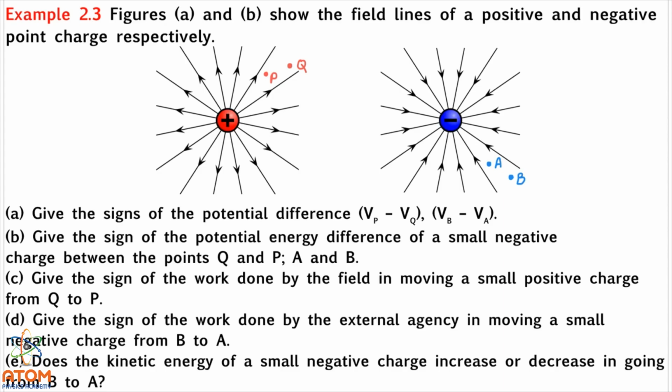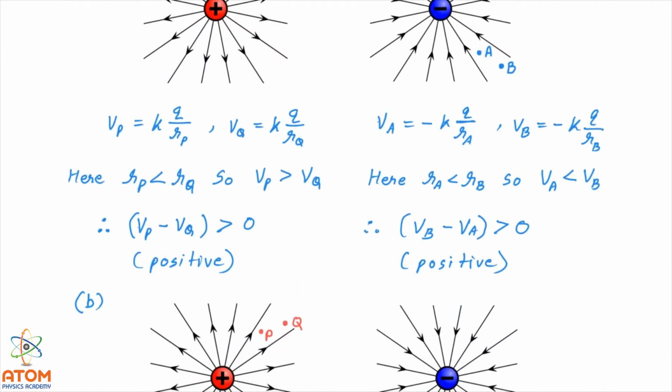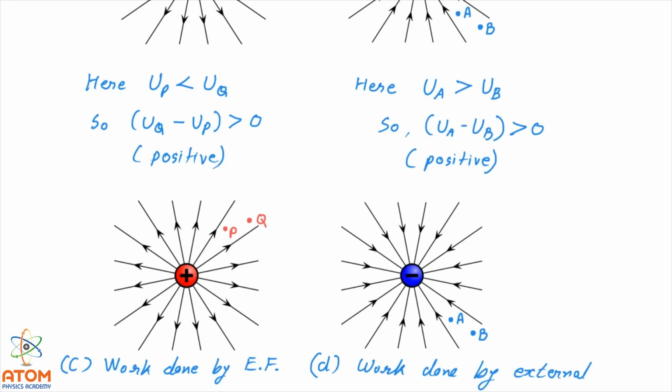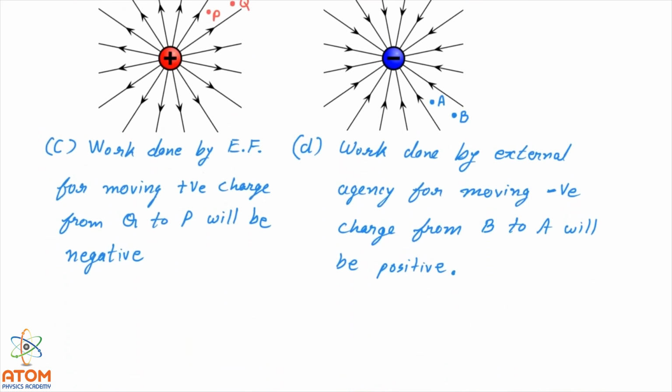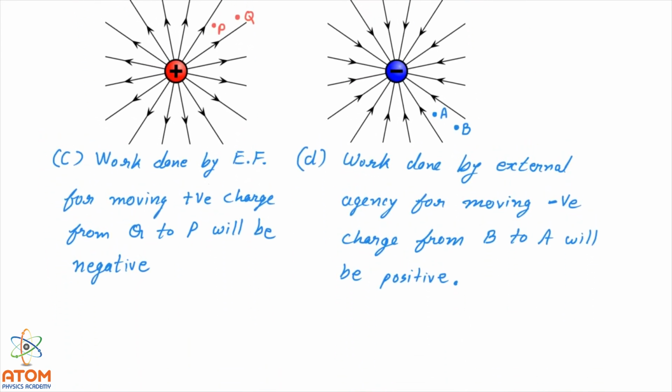Now let us see the last question. Here it is asked: does the kinetic energy of a small negative charge increase or decrease in going from B to A? Okay, let us solve that. First, we'll go to our place, and here I will need this second figure. Let me write, this is the answer for E. What is asked?